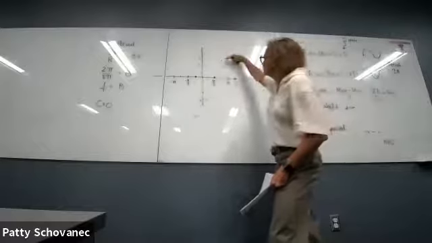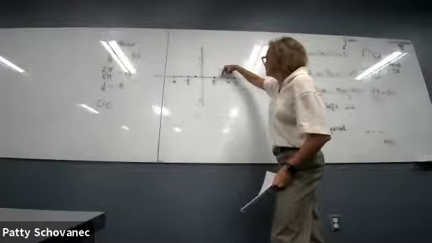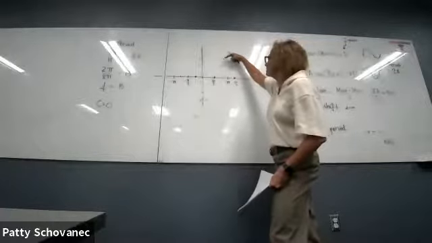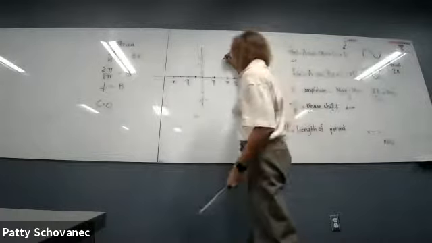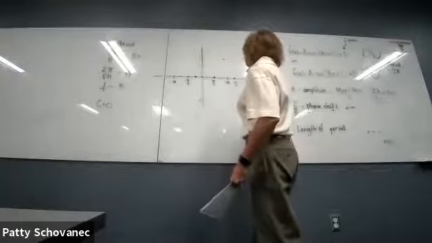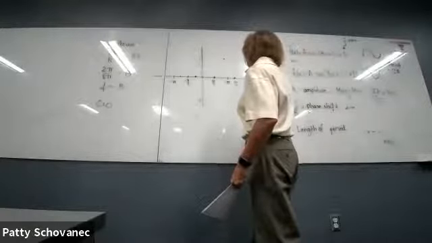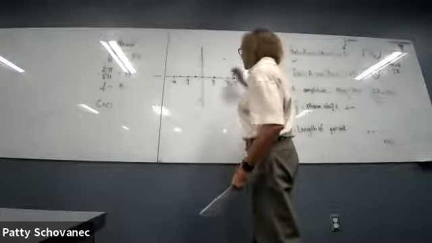And this is halfway between, what would this be? 3pi/4 and pi. So what's that pi/8 between 3pi/4 and pi? 7pi/8.